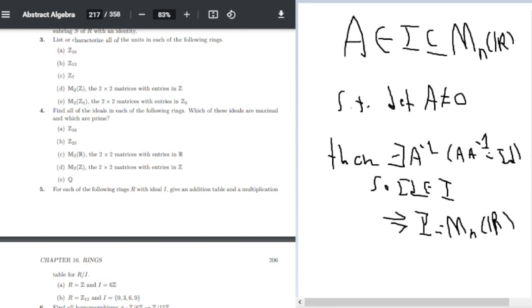So the only other ideals are the ideals of determinant 0.